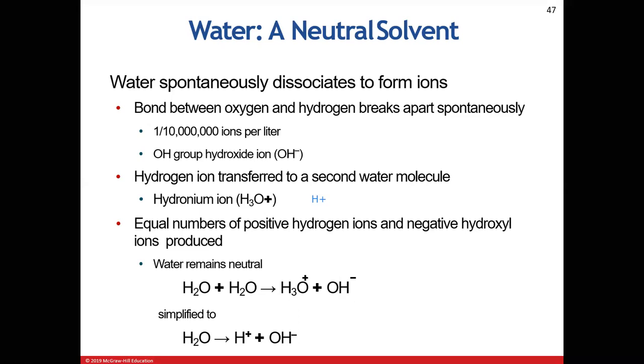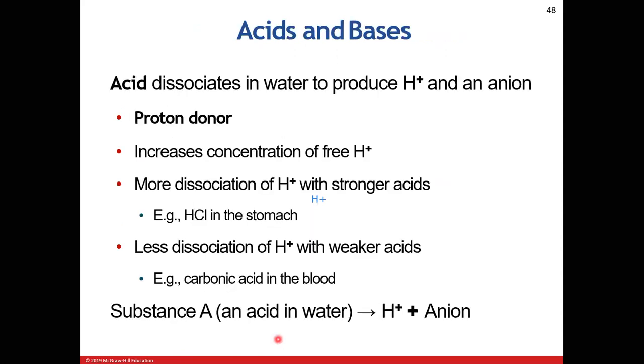But we can simplify that and pull out one of these water molecules, so that one molecule of H2O dissociates into H plus and OH minus. And so that's looking at water as a neutral solvent. We're going to see why this is important as we start talking about acids and bases.